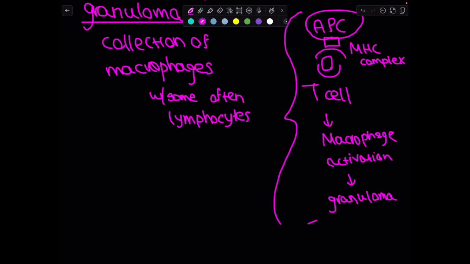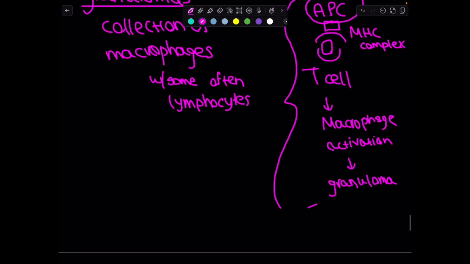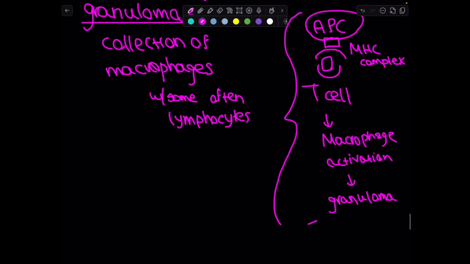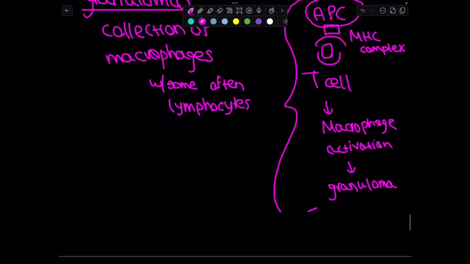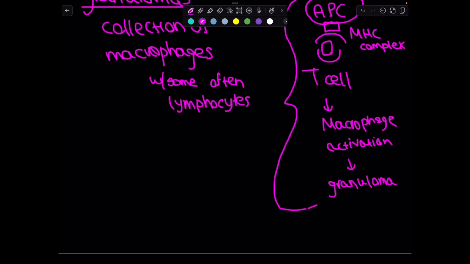Repeated or chronic antigen presentation via MHC class 2 on antigen-presenting cells to T cells in interstitial lung disease can lead to persistent T cell activation and cytokine release, e.g., TNF alpha, which drives ongoing inflammation, but scarring, fibrosis, doesn't always follow granuloma formation. In diseases like sarcoidosis, granulomas may resolve or persist without fibrosis.